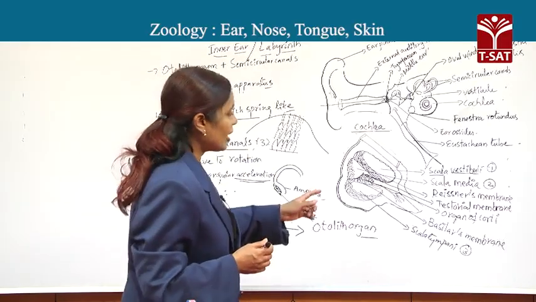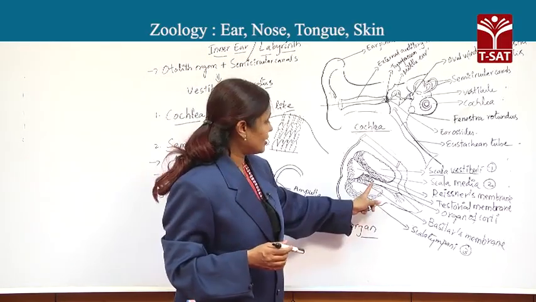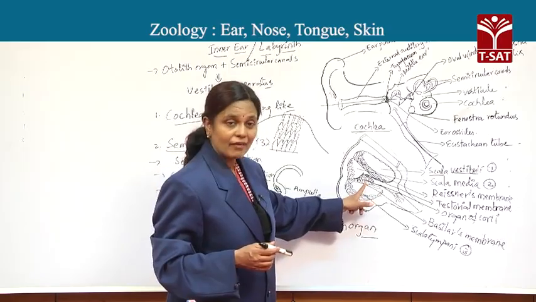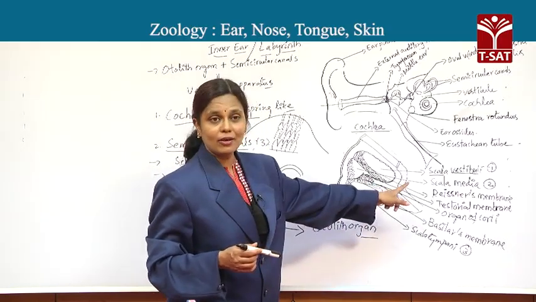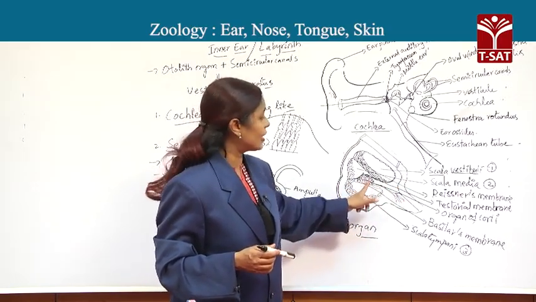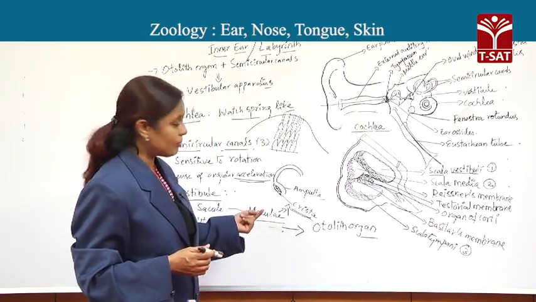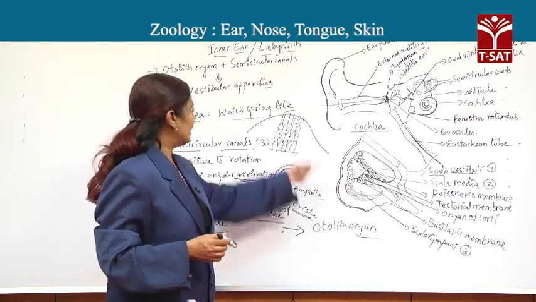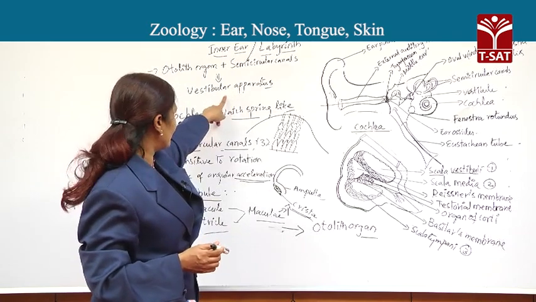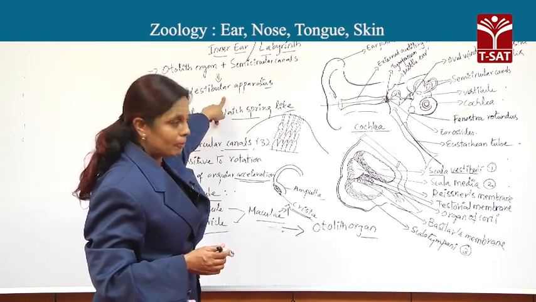So, the cochlear branch collects its sensory fibers from the cochlea, that is organ of Corti of cochlea. The same way, the vestibular branch of auditory nerve collects sensory fibers from the vestibular apparatus.